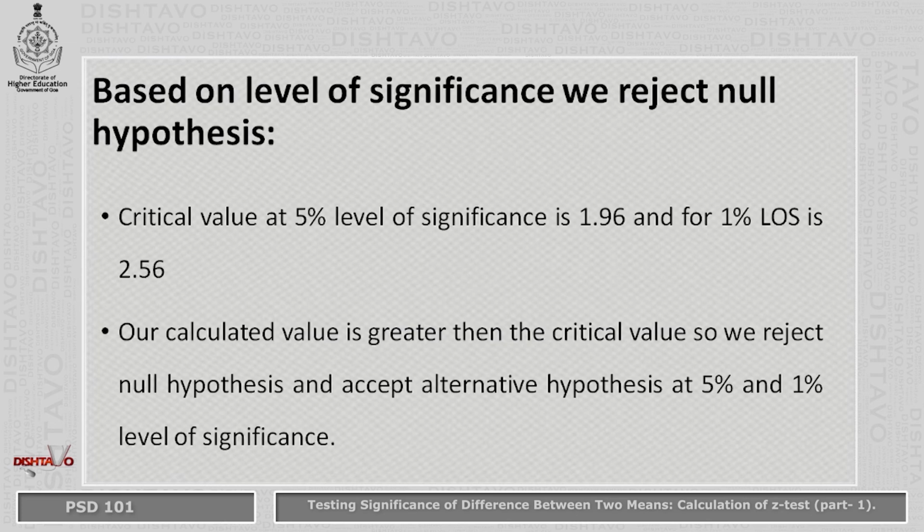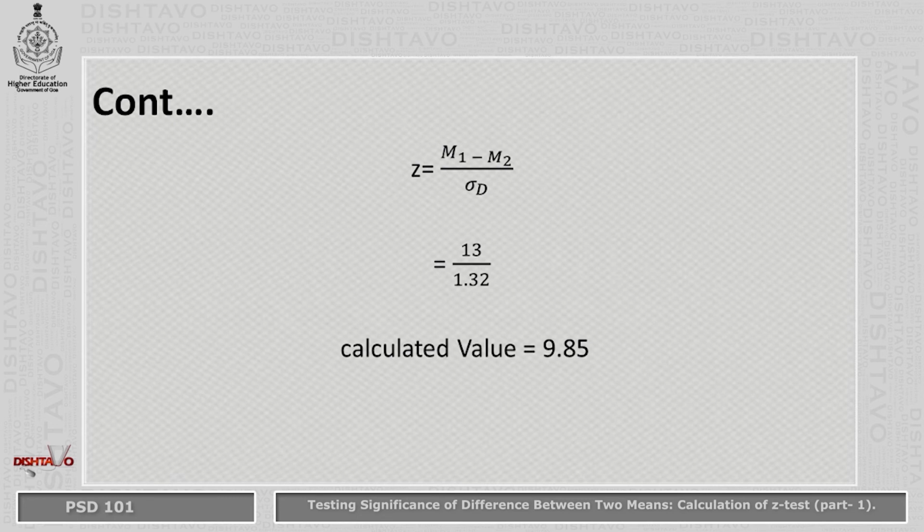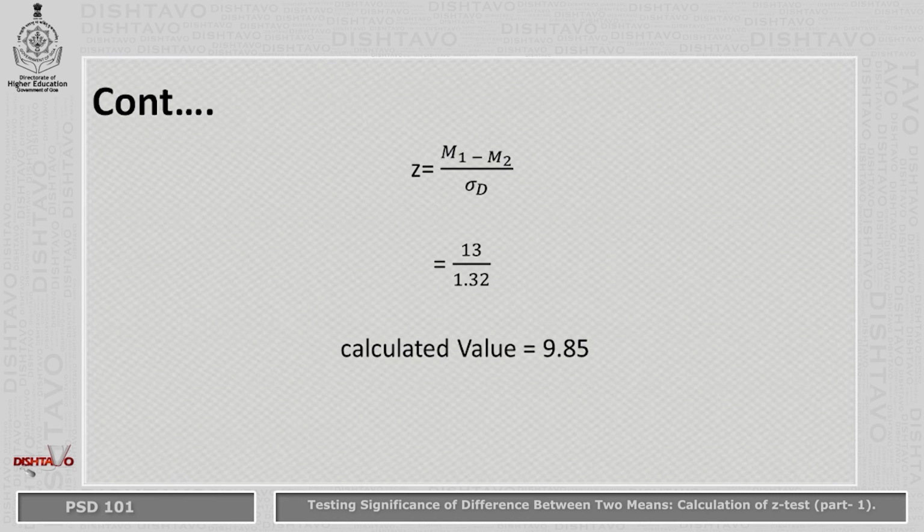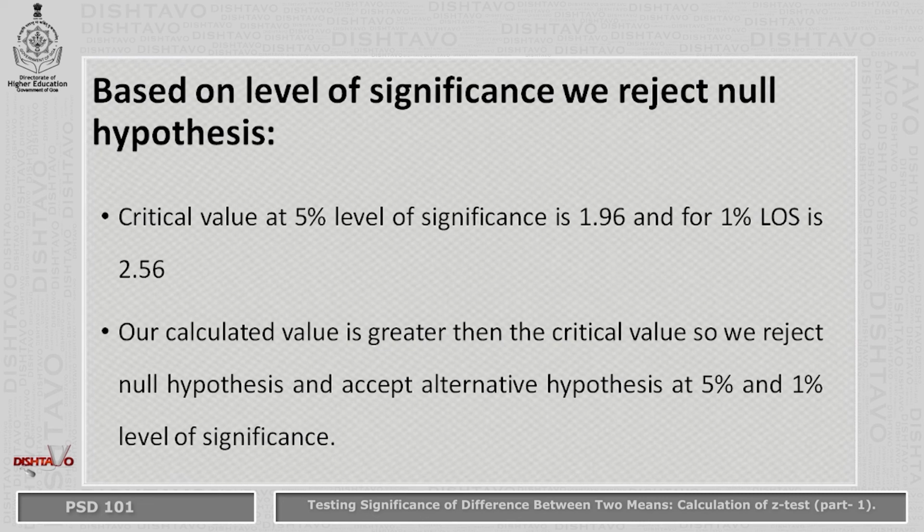Now we will evaluate whether to reject or accept the null hypothesis. We need to know this calculated value, and the critical value taken at 5% level of significance is 1.96, and for 1% level of significance is 2.58. So our calculated value, which is 9.85, is greater than the critical value.